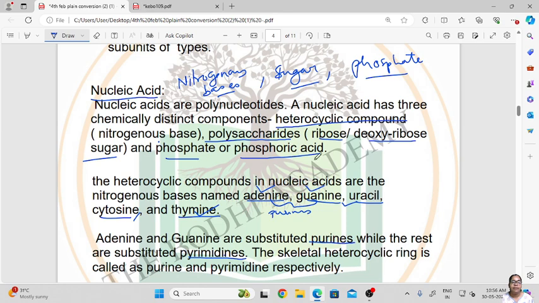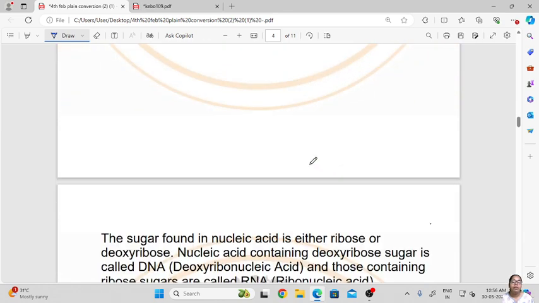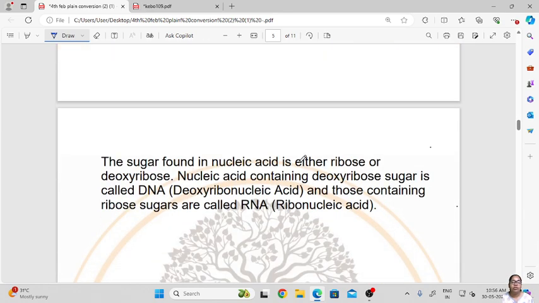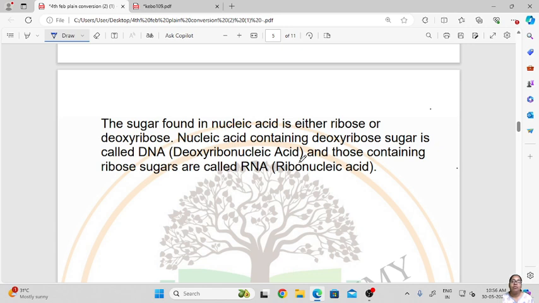The nucleic acids are divided into DNA and RNA based on which type of sugar is found in the nucleic acid, that is, whether the sugar is ribose sugar or deoxyribose sugar. If it is ribose sugar, then it is RNA, that is ribonucleic acid.